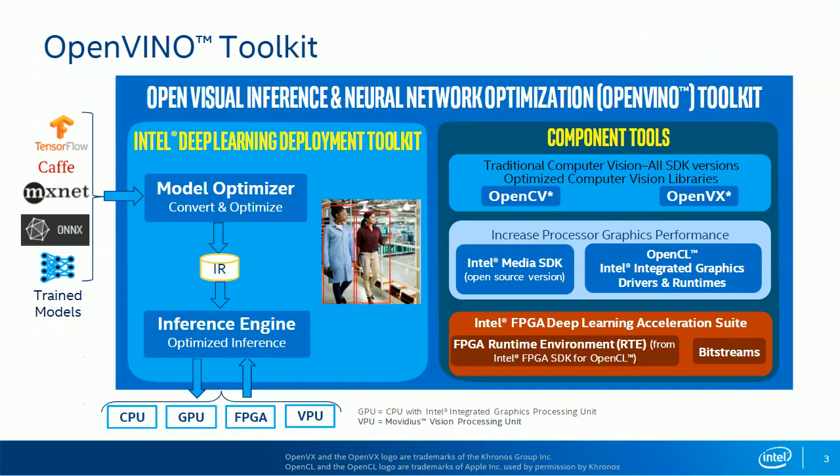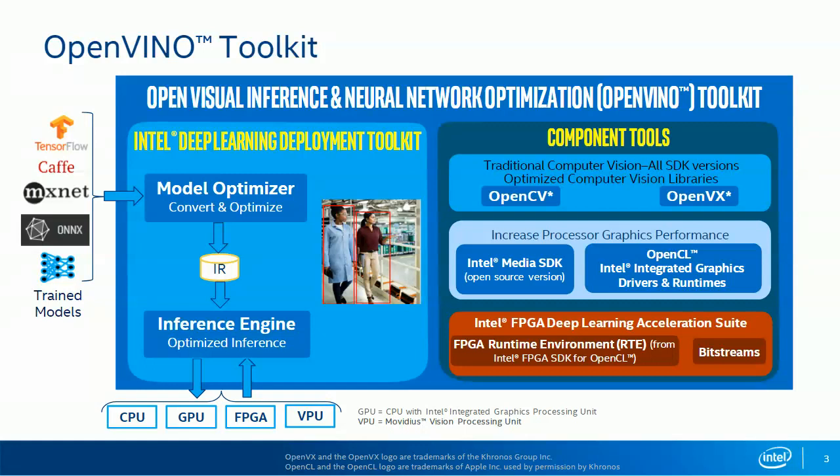The Intel FPGA Deep Learning Acceleration Suite is part of the Open Visual Inference and Neural Network Optimization, or OpenVINO toolkit. It's a comprehensive toolkit used for developing and deploying computer vision solutions on various Intel platforms. The OpenVINO toolkit provides a seamless way of accelerating inference tasks on various Intel architectures, which includes CPUs, GPUs, VPUs, and FPGAs.